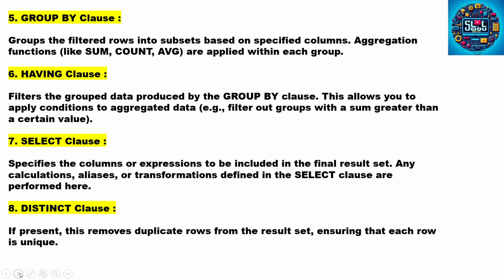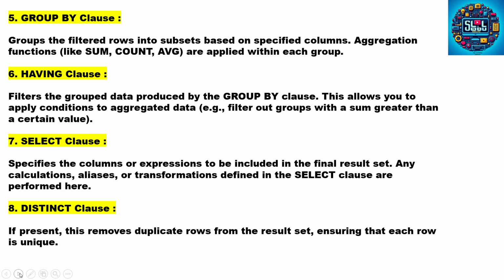So after the grouping of the result happens and the aggregation is applied on that particular data set, the HAVING clause will start further filtering the aggregated data itself. Once the HAVING clause filters the result set, it will go to the SELECT clause. The SELECT clause specifies the columns or expressions to be included in the final result set.